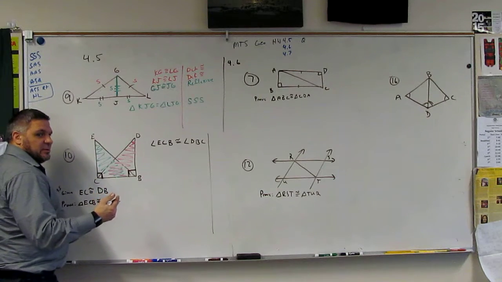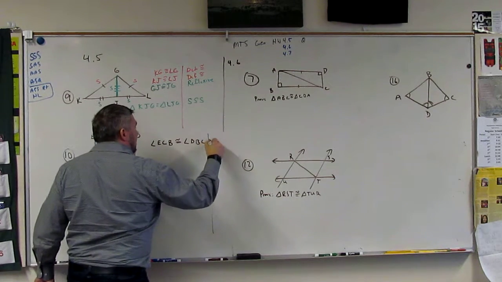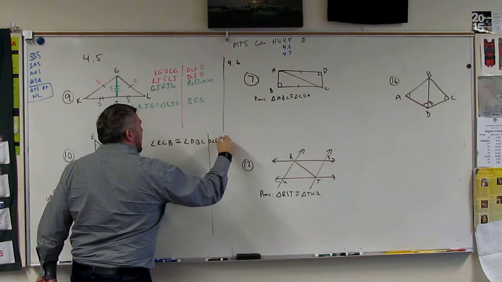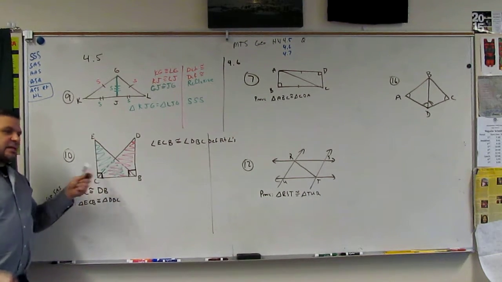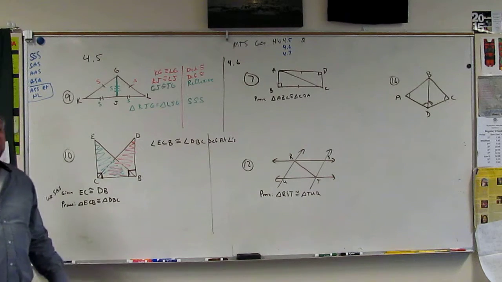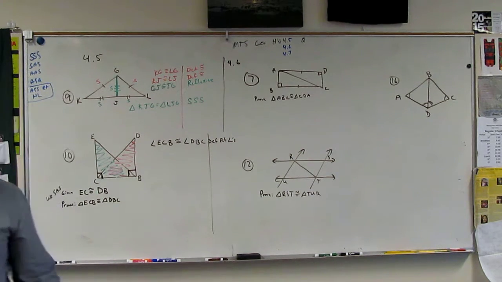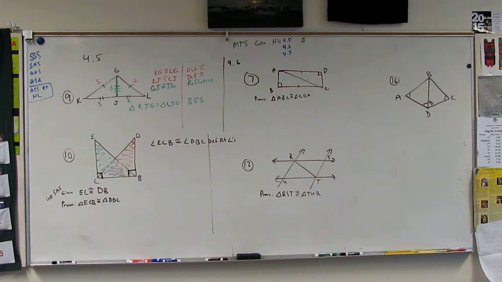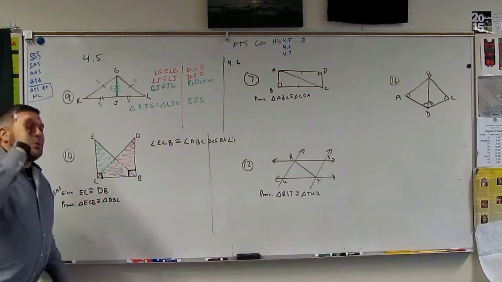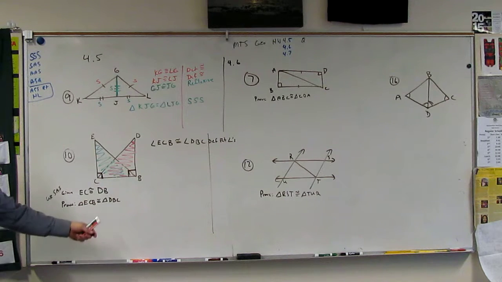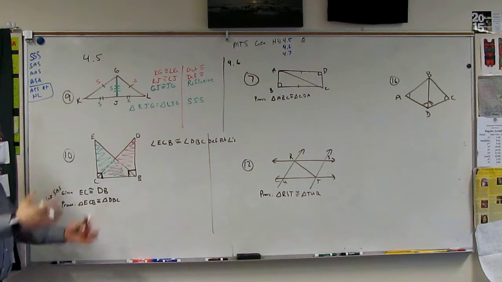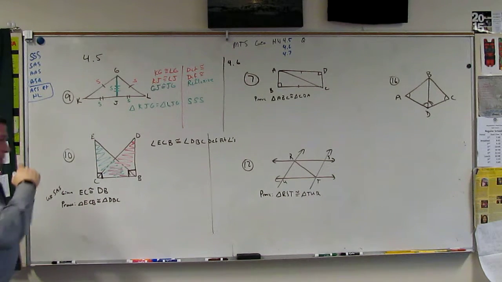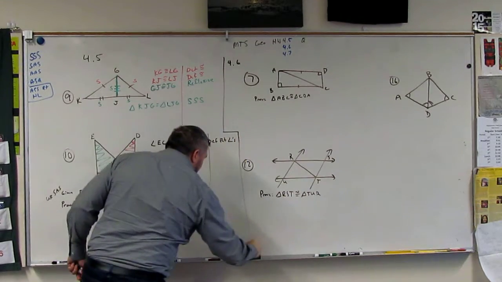Definition of right angles. In this case, they didn't tell us that they were congruent, but they did tell us that they are both right. So there's a difference. We can't use congruencies, but we can say they're congruent because they're right. Because we know that right angles are 90, and if they're 90, then they're equal, and if they're equal, then they're congruent. Does that make sense? So, definition of right angles.